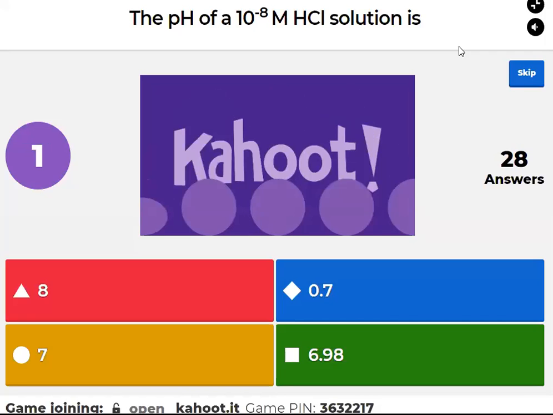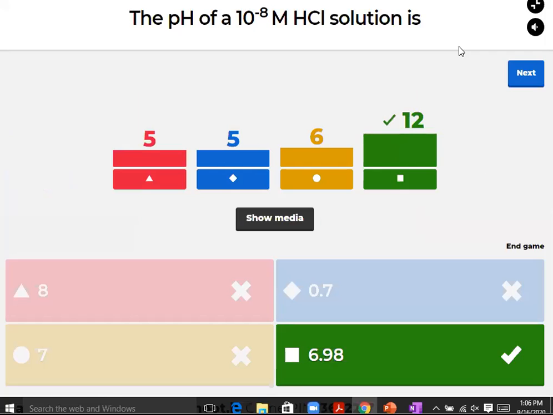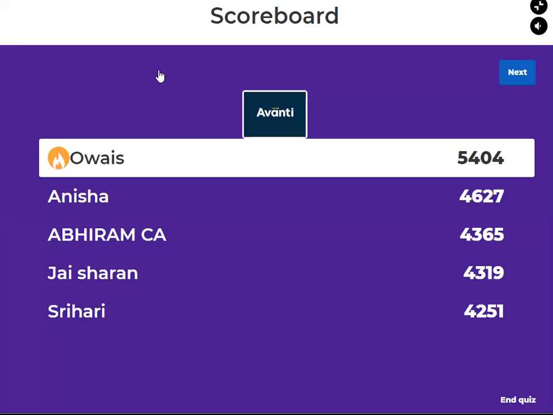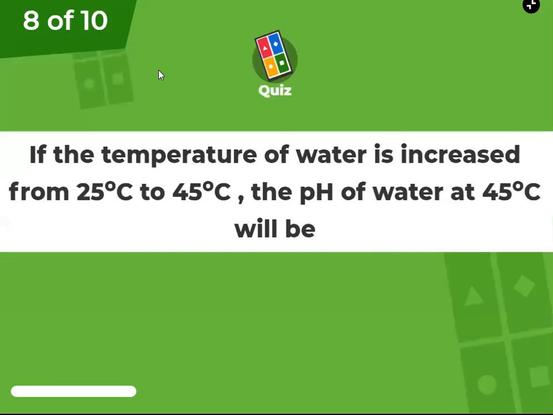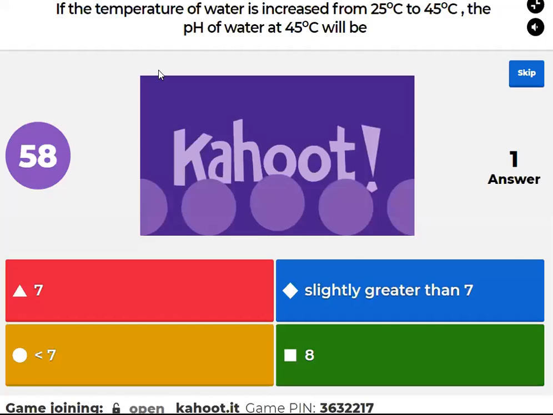Yes, Aryan, you also remember, very good. Yes, Malik, answer 6.98. Most of the foundation students remember. Now we will discuss why it will be 6.98 in the next class, which is tomorrow.